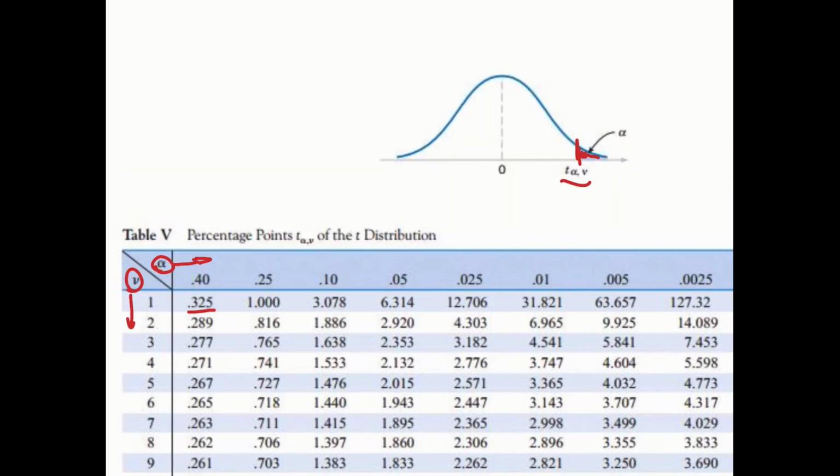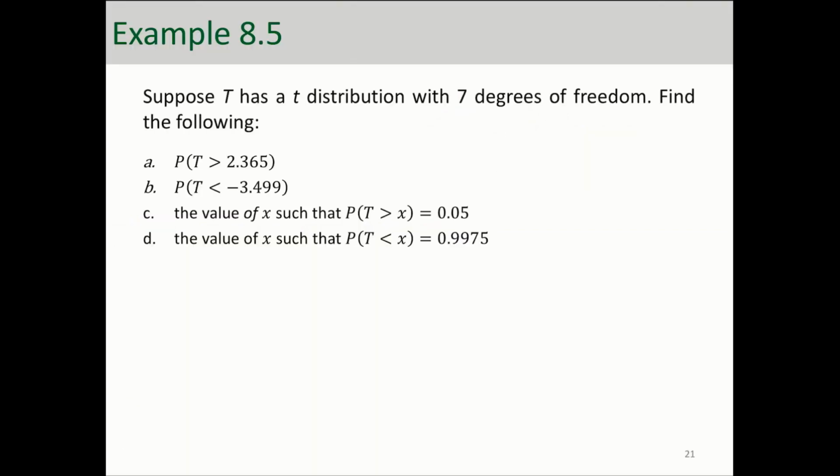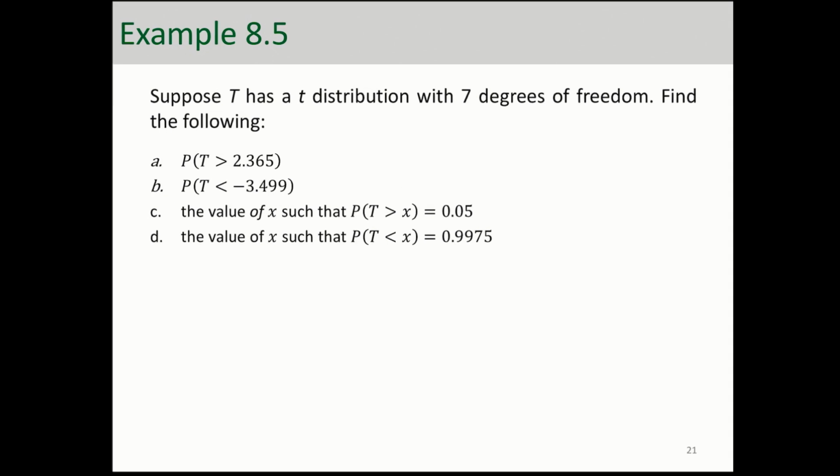So now let's go back to the first probability that we need to find out. The first probability that we want to find out is probability of t greater than 2.365. Let's see how we can read that from the table.